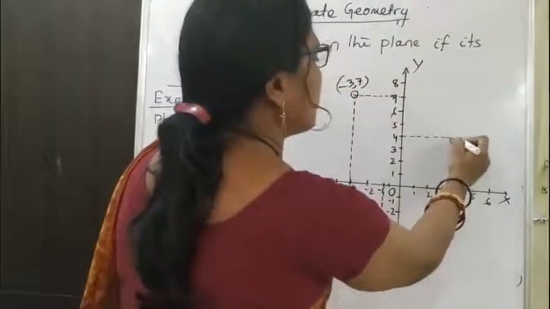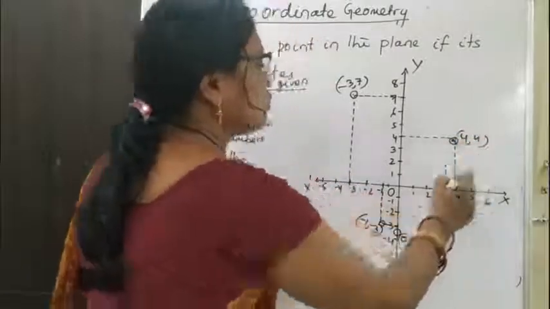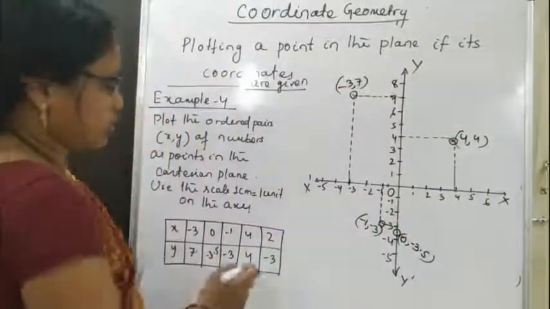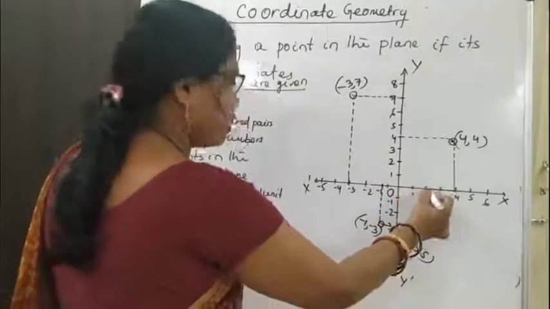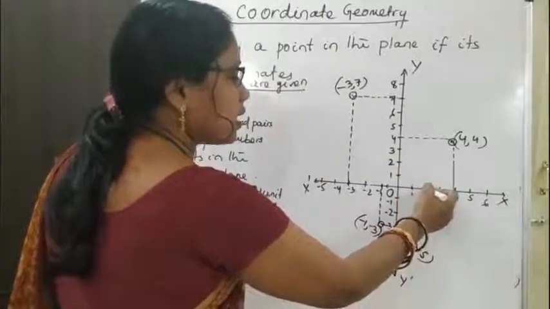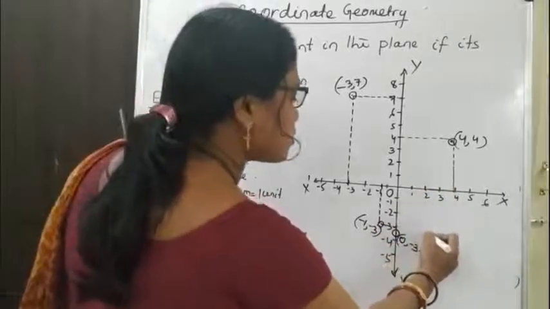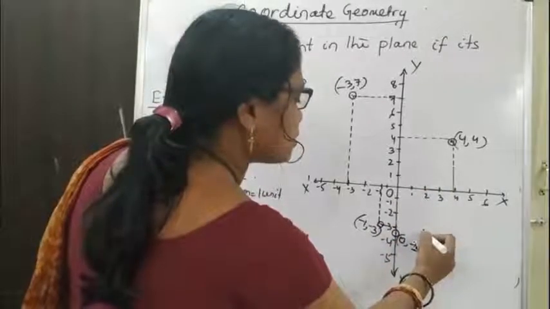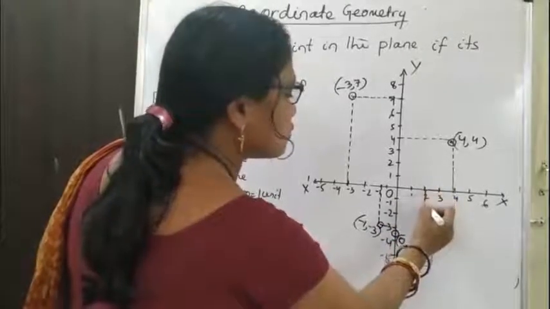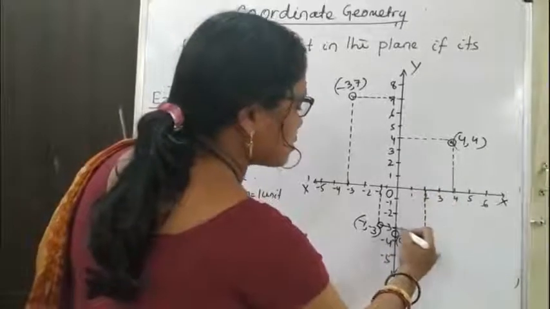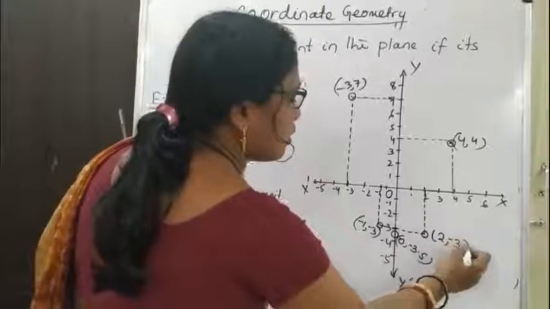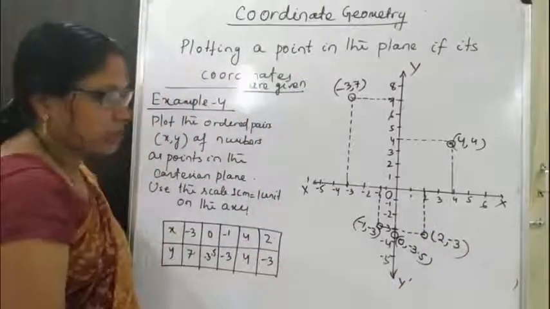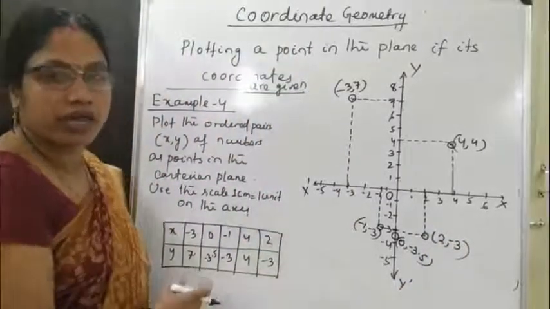So this is the point (4, 4). Then (2, -3). 2 is the x coordinate in the positive direction. So this is 2. Then -3 towards the negative direction of the y axis. So this point is -3. So if we join the perpendicular lines like this, this is (2, -3). So in this way we can plot points in a Cartesian plane.